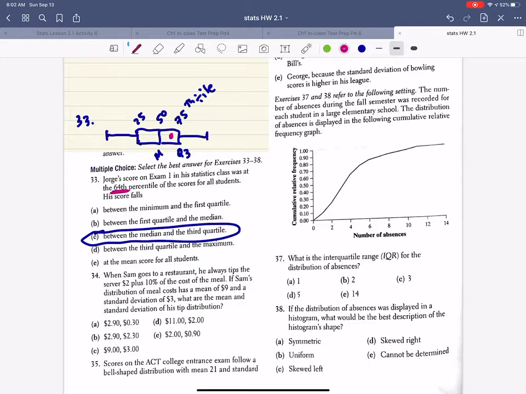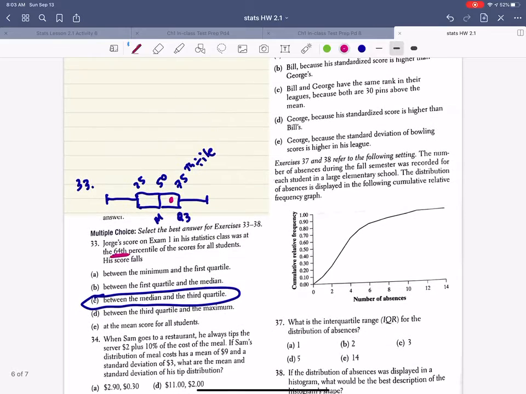All right, question number 34. This really gets at the heart of the lesson we were working on. How does the mean and standard deviation change when we add or subtract? So thinking and looking back on our notes, we can see how important this is. Let me just mark this off.